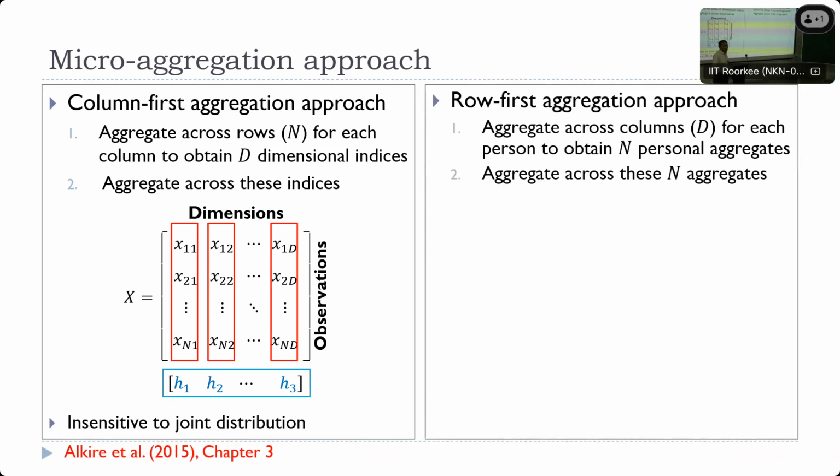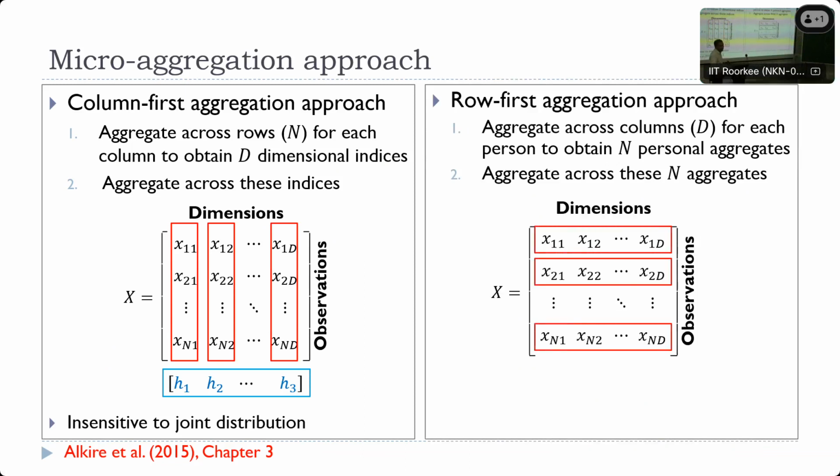Row first aggregation, on the other hand, aggregates across columns for each person to get n different aggregates, y1 to yn. So you have these ones, you aggregate like this to obtain Y1, Y2, Yn.